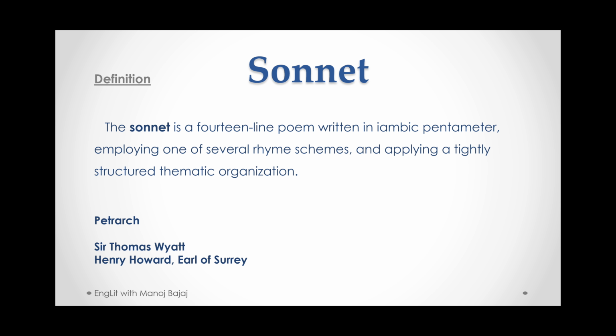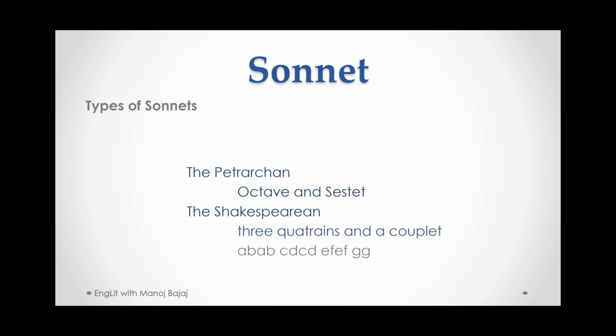Now let us discuss the types of sonnets. Two sonnet forms provide the models from which all the other sonnets are formed. The two popular and broader categories of sonnets are the Petrarchan sonnet and the Shakespearean sonnet.